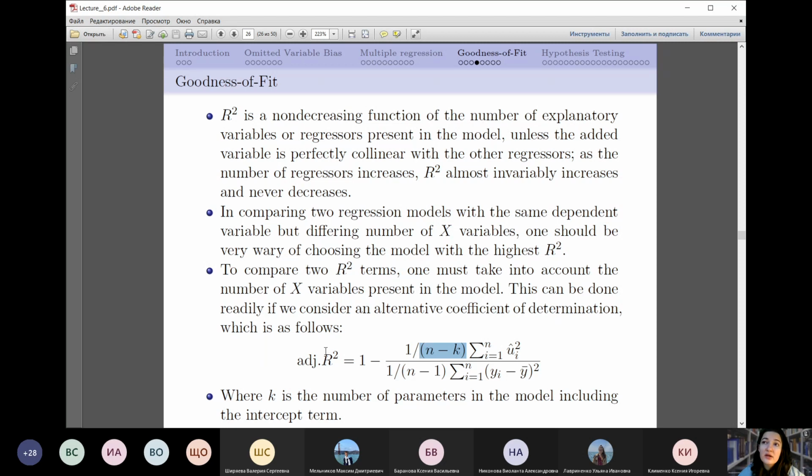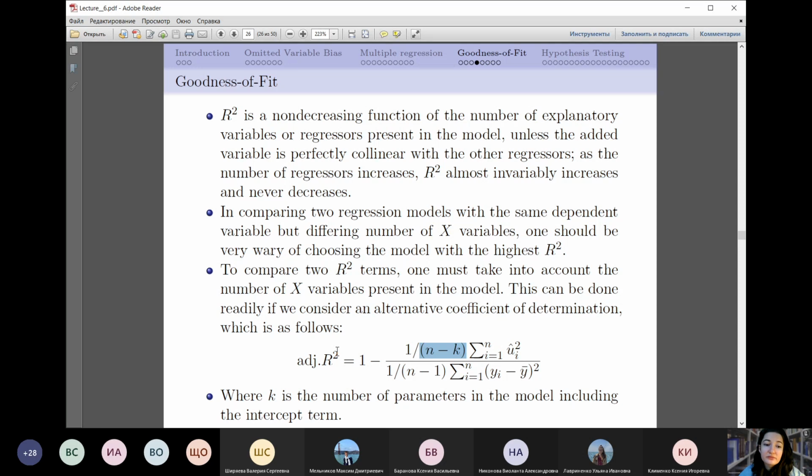Our R squared lies in the range from 0 to 1, but your adjusted R squared could be significantly lower than the usual R squared estimate, and could also be negative.